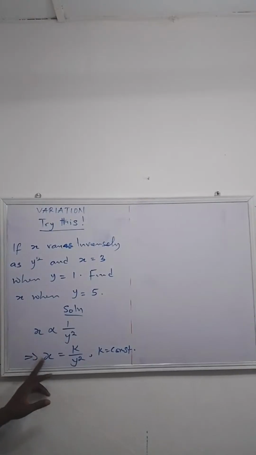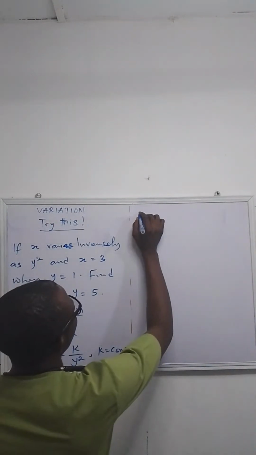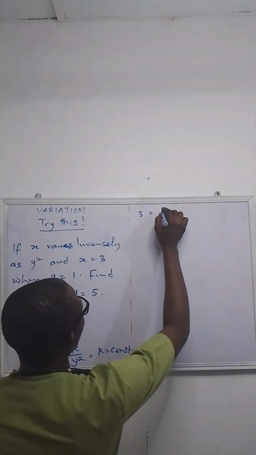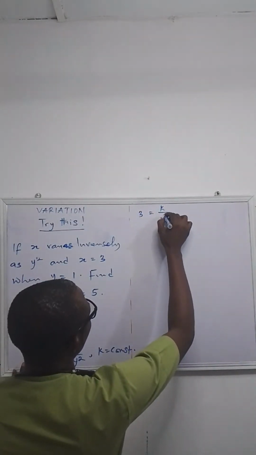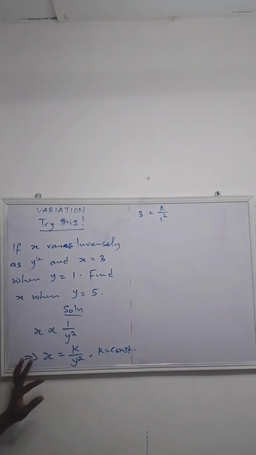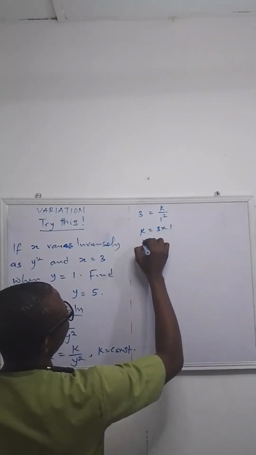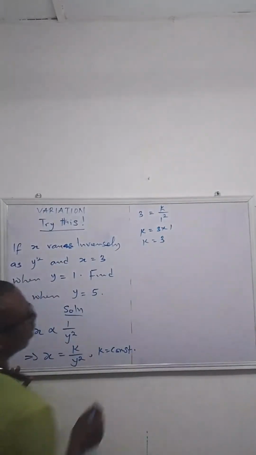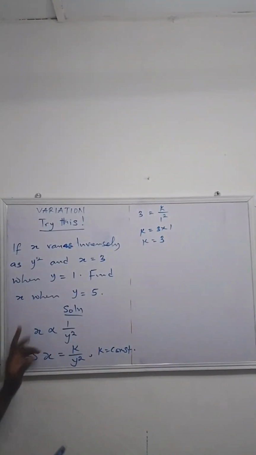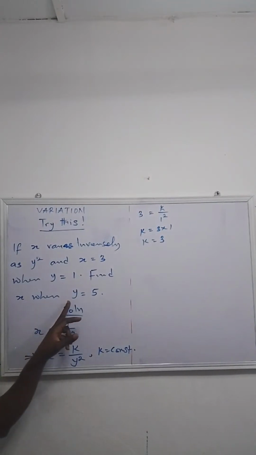Now let's plug in the values of x and y. We have 3 equals k over 1 squared, so k equals 3 times 1. k is 3.